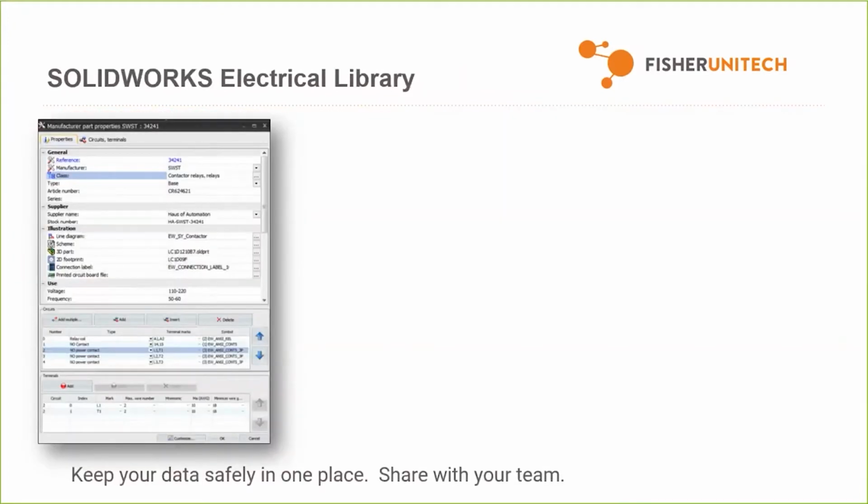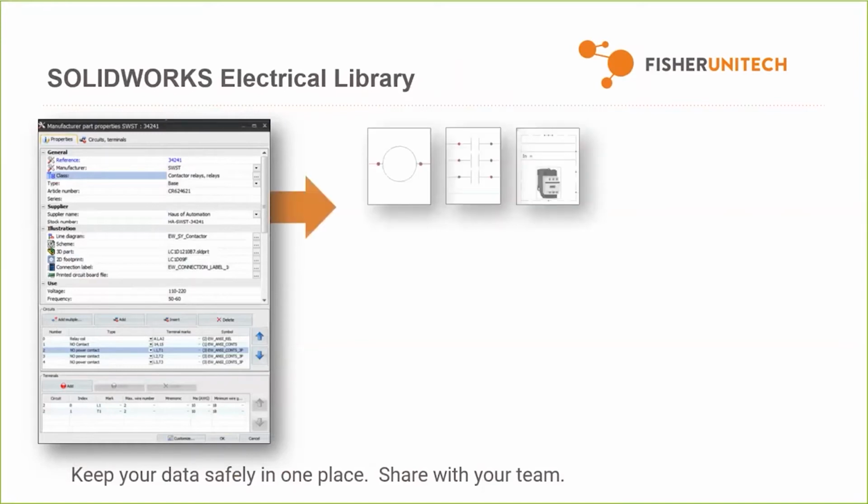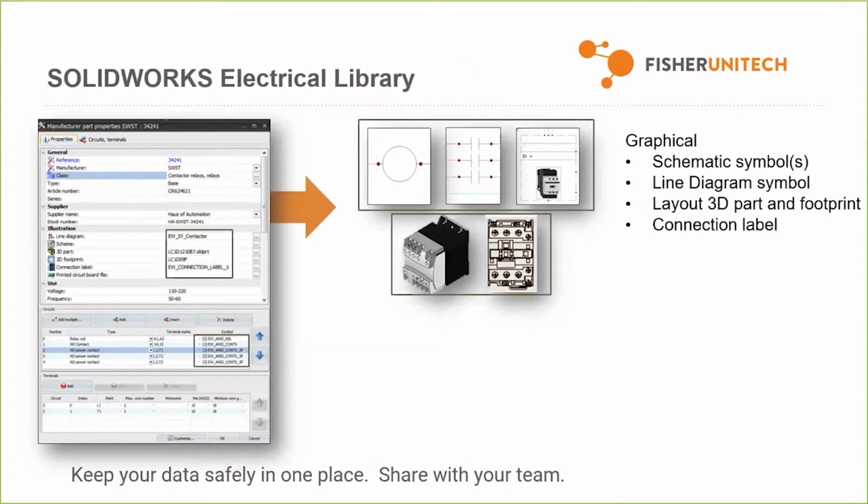So how does this work? Well, this works from the SOLIDWORKS Electrical library. Here we have a sample of our manufactured part. This represents one part. Basically, any information you would normally type into any part of your project, you can put in the library. That includes graphical information. This manufactured part is represented by different symbols throughout the project, including on the 3D side, and those can all be linked to that manufactured part.